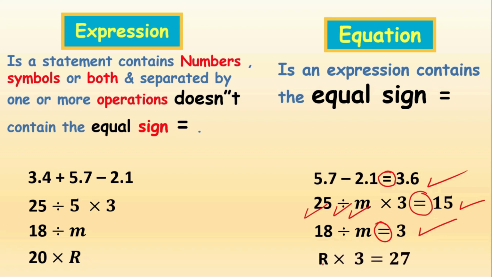The last example, r times 3 equals 27. Symbol, operation, number, equal sign, so it will be an equation. So the difference between expression and equation is the equal sign. An equation contains the sign of equal.